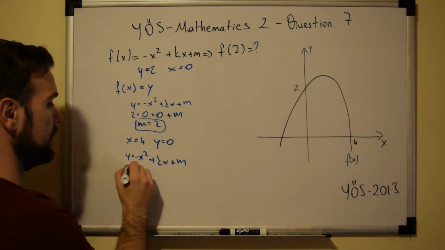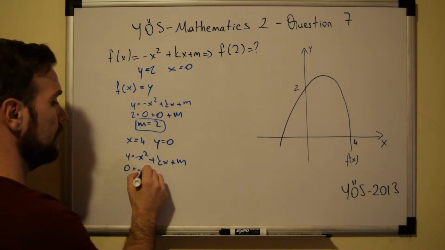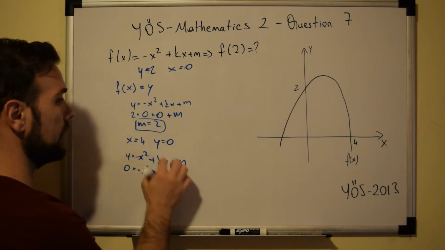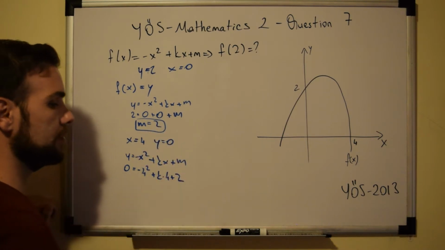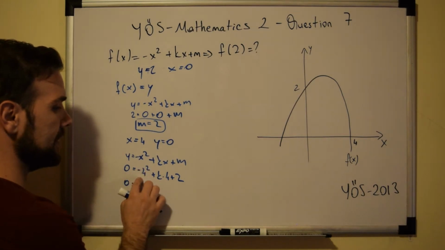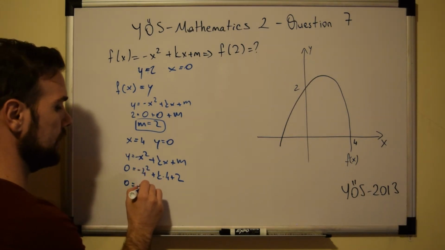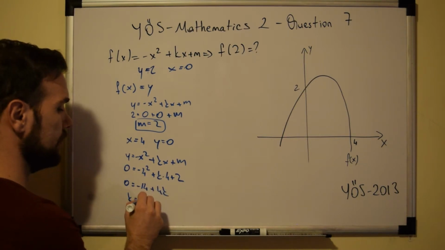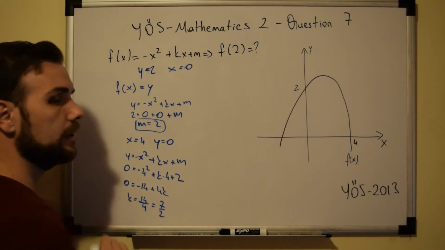So we have 0 is equal to minus 4 squared plus k times 4 plus m. We already found the value of it, so it's 2. So we have 0 is equal to minus 16 plus 2 is minus 14 plus 4k. So k is equal to 14 over 4 or 7 over 2.